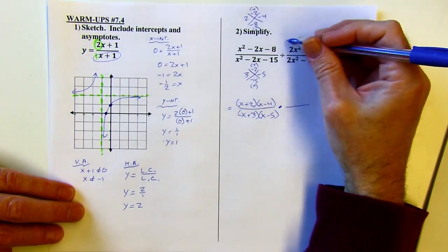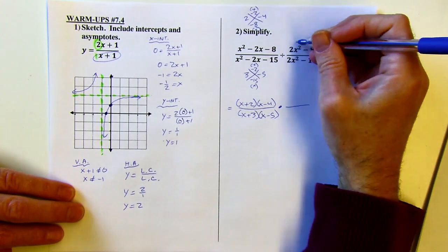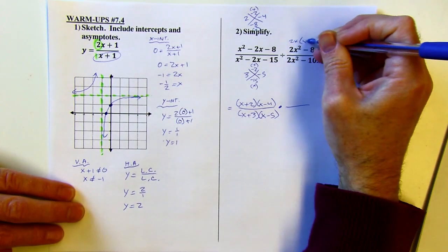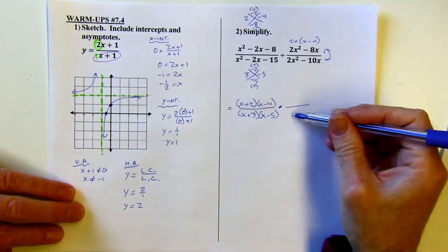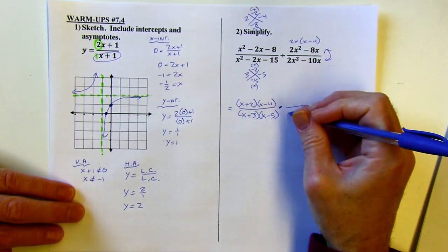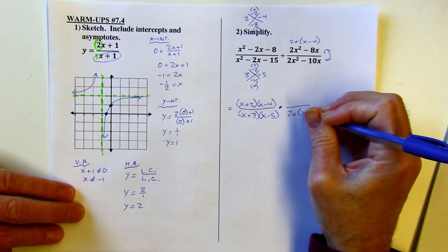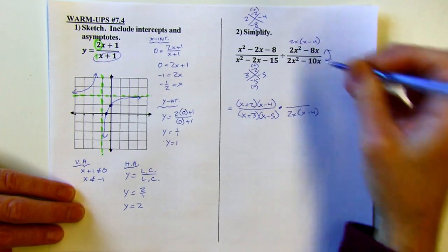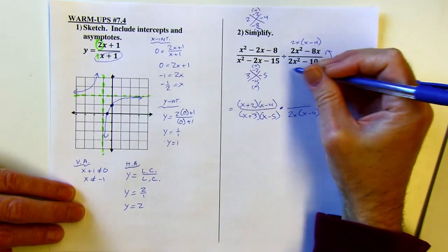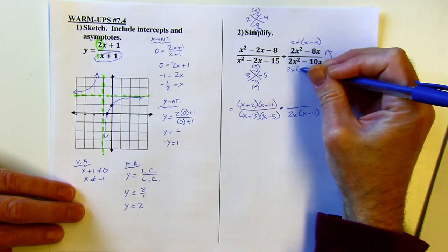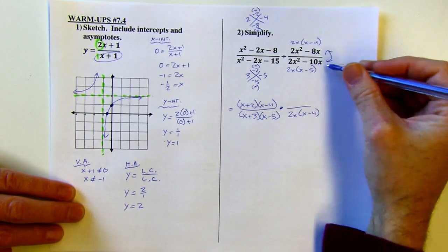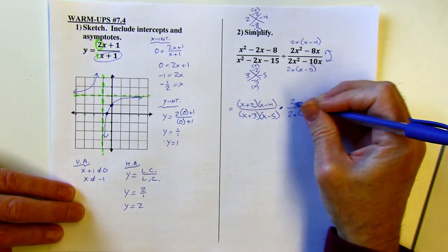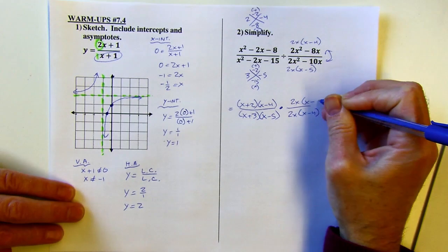So in the top, I could factor out a 2 and also an x. So that would leave me with this, right? Now that's going to wind up on bottom when I rewrite this as multiplication. So let's put that down there. Okay, and then the denominator here, I can also factor out 2x, and that would leave me with this. So again, that's going to wind up on top when it's written as multiplication.